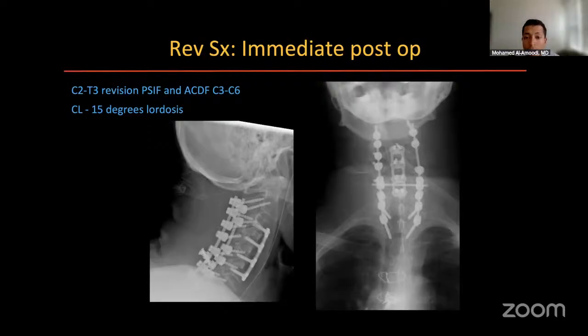You can see that she had also an anterior cervical discectomy and fusion from C3 to C6, and the deformity was corrected from a kyphosis to a 15-degree lordosis. Her cervical SVA was reduced to less than 3.5 centimeters, so quite well aligned there. And the anterior-posterior view is shown on the right side as well. Next slide, please.